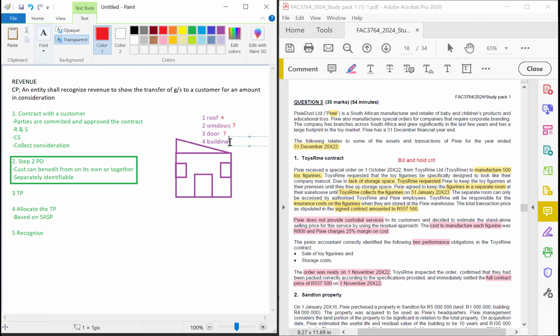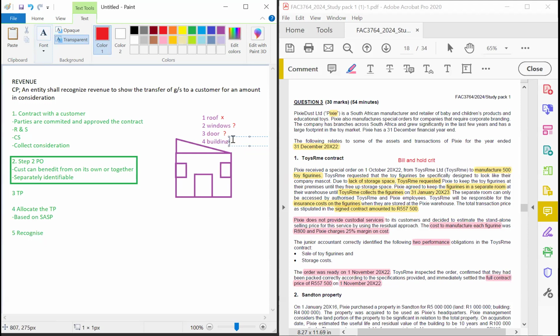Now, the building, obviously, you can consider the perspective that the customer cannot benefit from the building alone. What will the customer do with a house that doesn't have a roof? What will the customer do with a house that doesn't have windows and doors? Right? So the building cannot be a separate performance obligation. So those are the things that you have to consider.